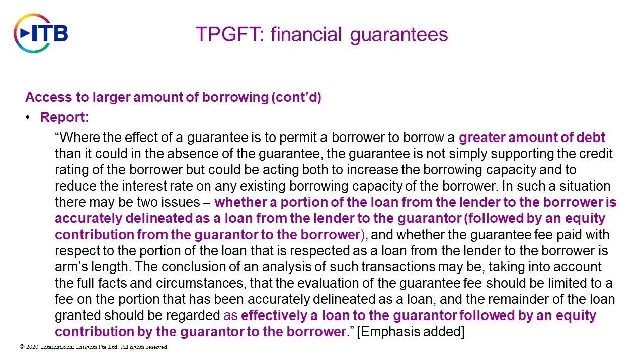The conclusion of an analysis of such transactions may be, taking into account the full facts and circumstances, that the evaluation of the guarantee fee should be limited to a fee on the portion that has been accurately delineated as a loan, and the remainder of the loan granted should be regarded as effectively a loan to the guarantor, followed by an equity contribution by the guarantor to the borrower.